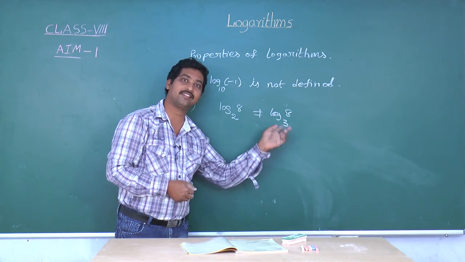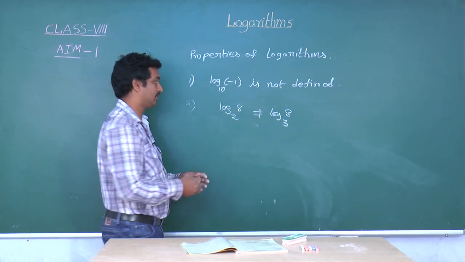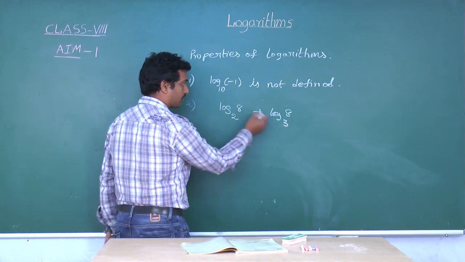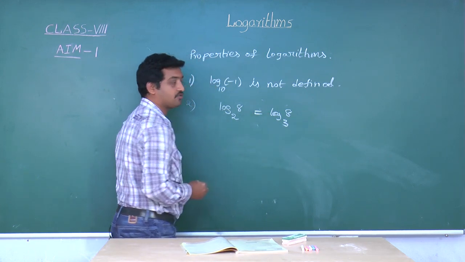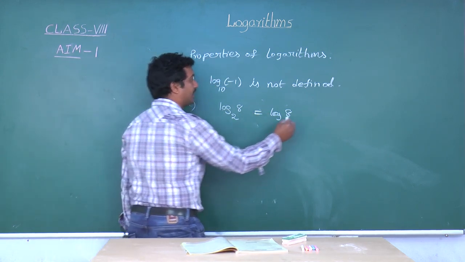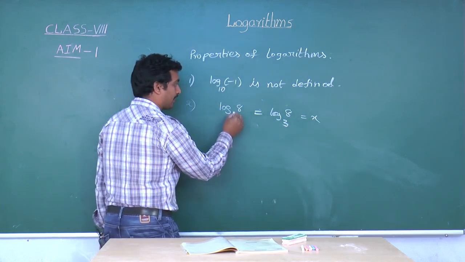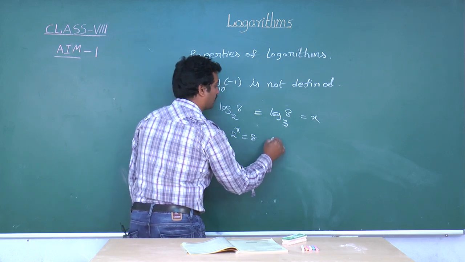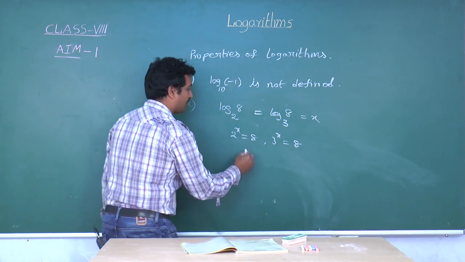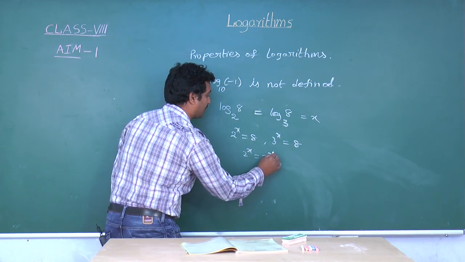Here 2 is there, here 3 is there. Suppose these two are equal, let it be some x. Write it in exponential form: 2 power x is equal to 8 and also 3 power x is equal to 8. Therefore 2 power x is equal to 3 power x.